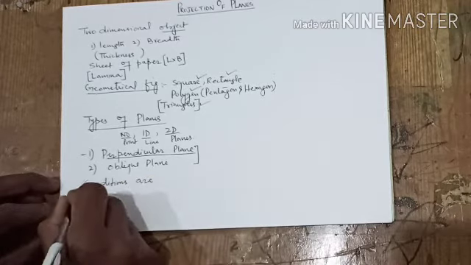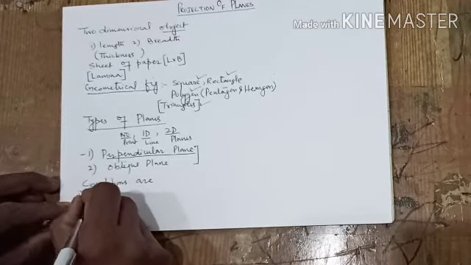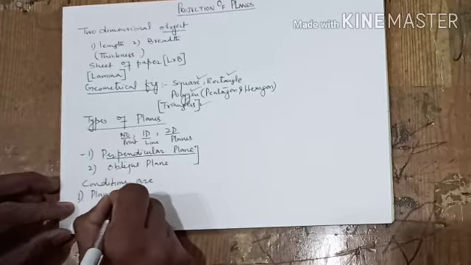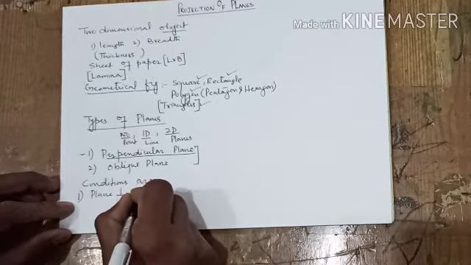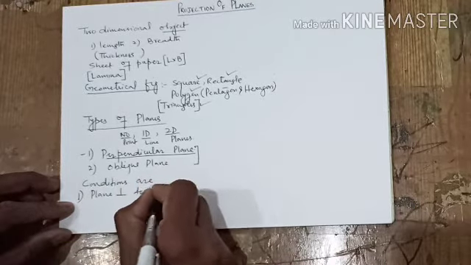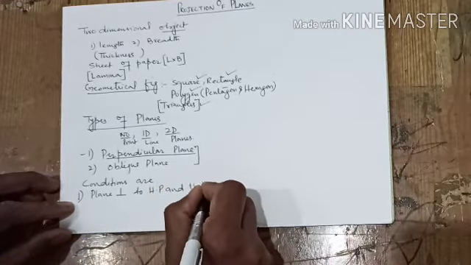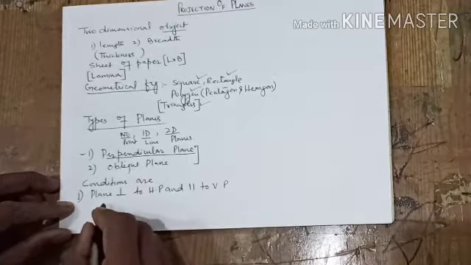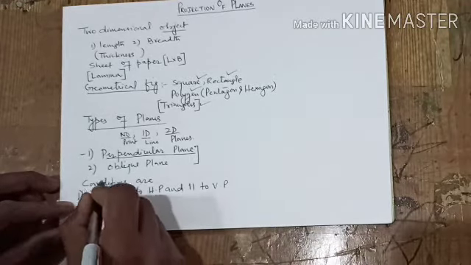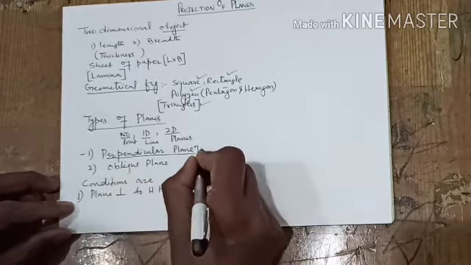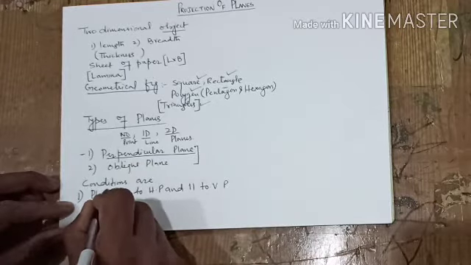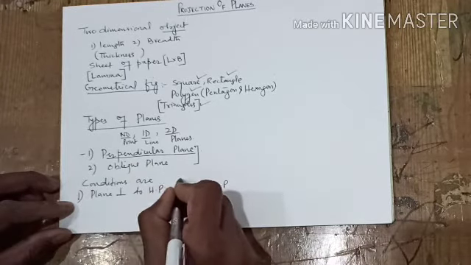Number one, the plane is perpendicular to HP and parallel to VP. So this is the first condition. We are talking about the perpendicular plane and its conditions vis-a-vis the principal planes.